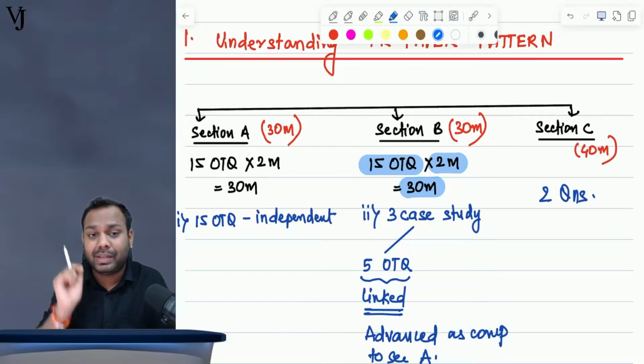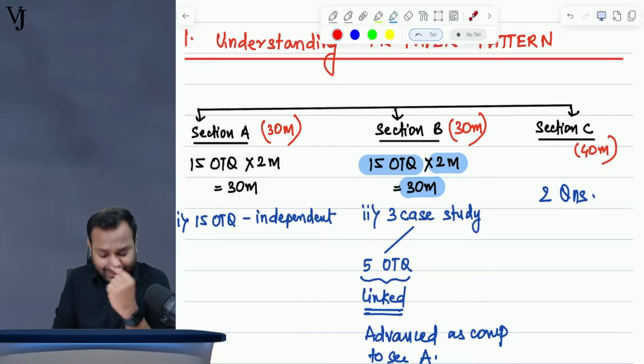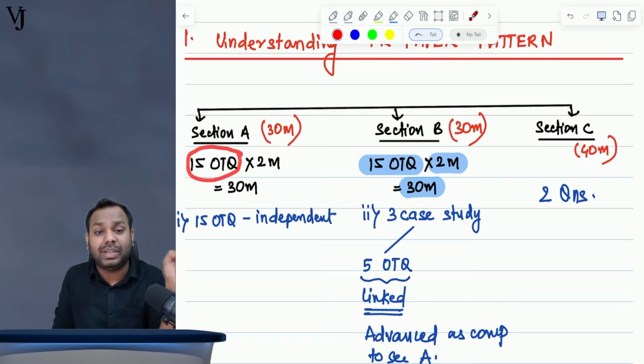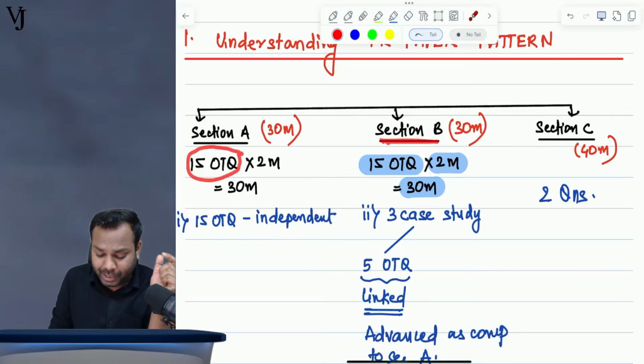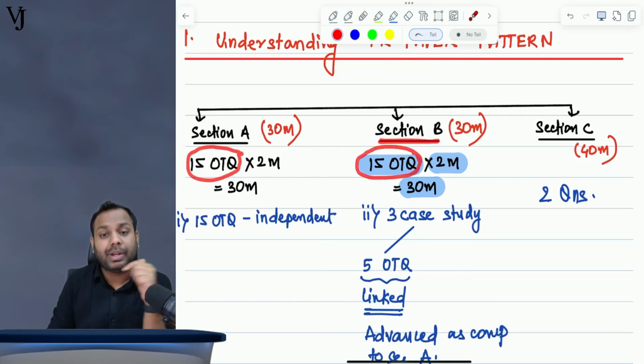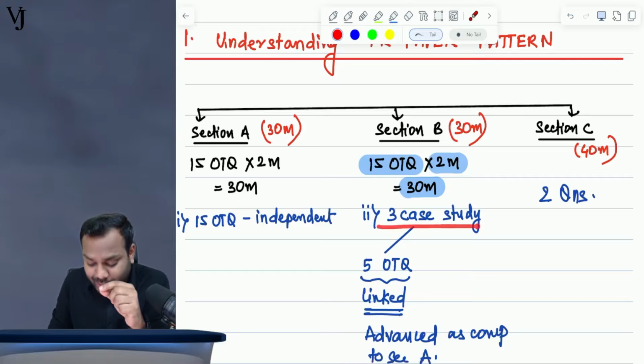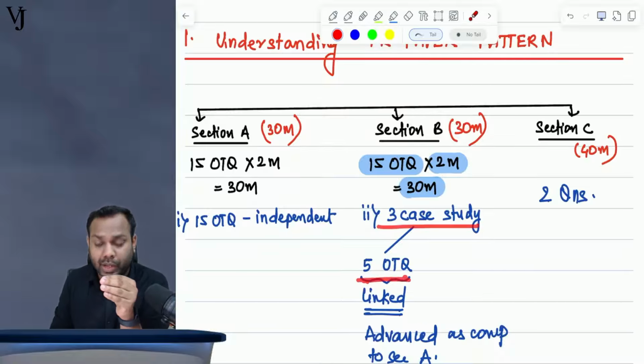The difference is that in section A the objective type questions are different from each other; they are not interlinked, they are independent. But in section B, these 15 objective type questions are linked. You will get 3 case studies, and in each case study you will get 5 objective type questions, which are linked to each other.